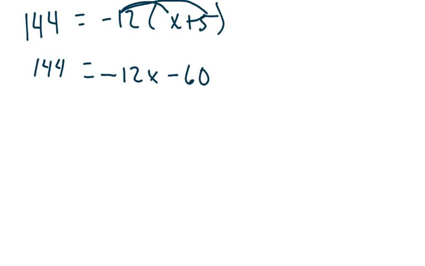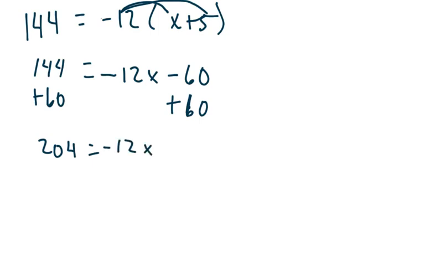Now, the next thing we have to do is the same thing we did last time: combine like terms. I'm going to add 60 to both sides, and that gives me 204 equals negative 12x. From here, we use inverse operations again, just like the first step where we added 60.